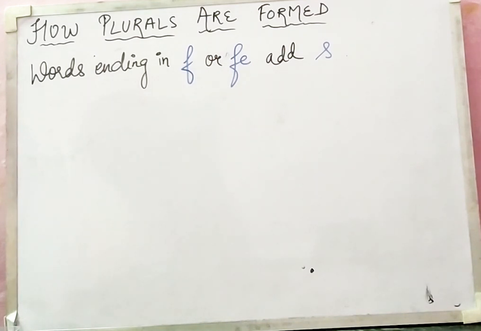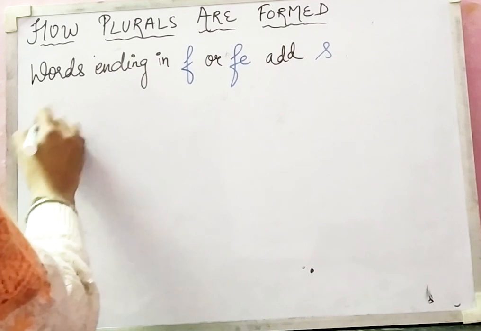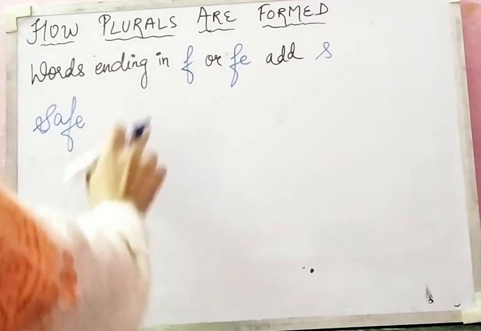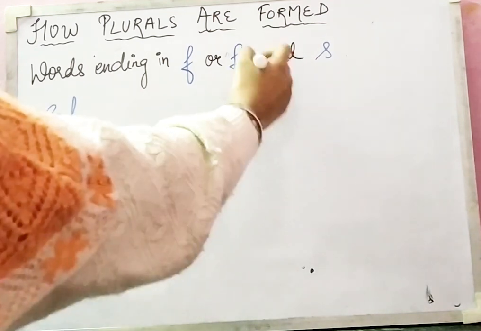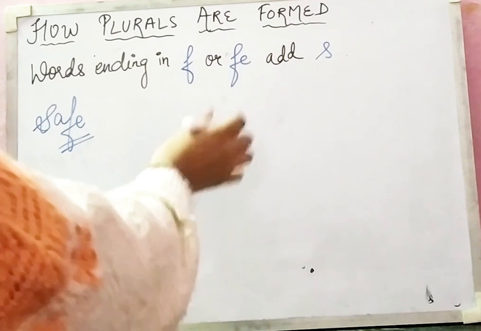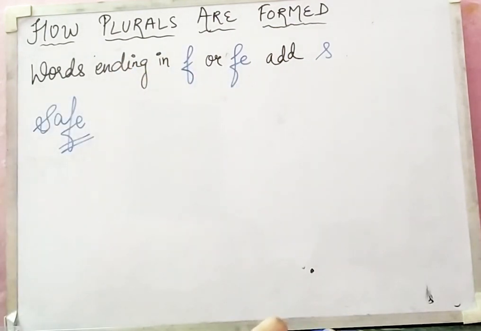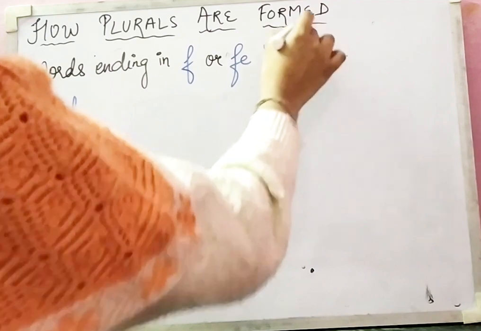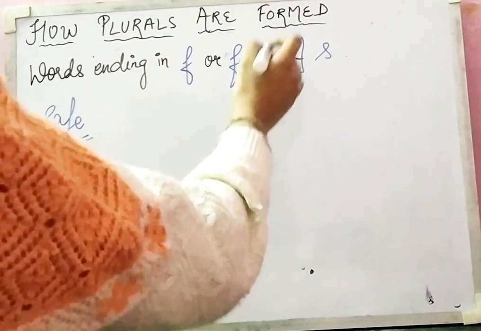Like we can take the example safe. This word safe has fe at the ending. Will fe be replaced? No, fe will not be replaced. We have to add s, because here it's particularly written that we have to add s.